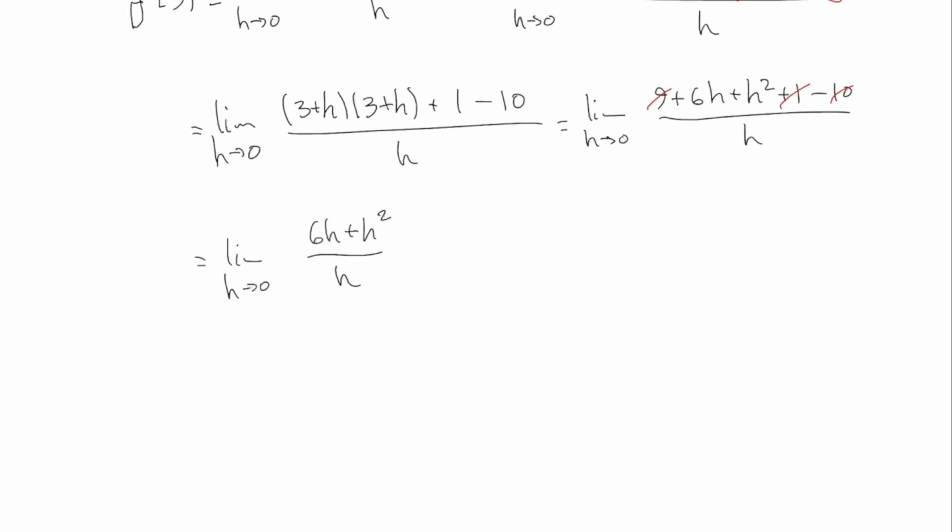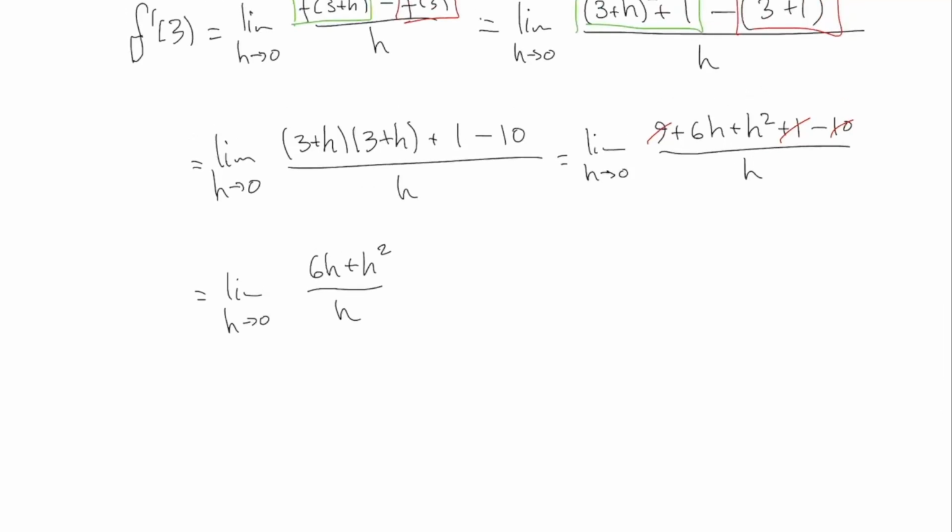What can we do with this, or a question? Couldn't you take out the h on the bottom? Take out this h, cancel it with something? 6h. Yeah, you do want to cancel the h, but you can't do it in this step. It is not legal at this point to do this.